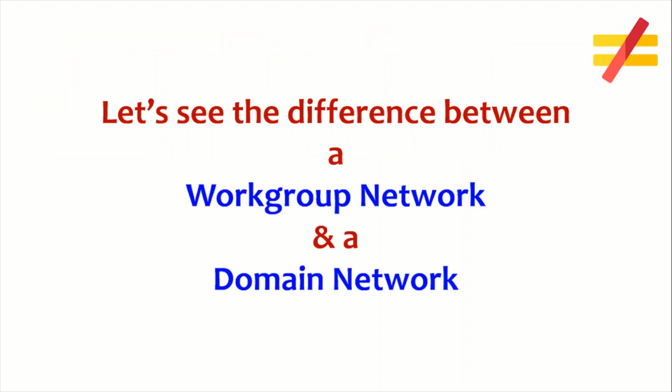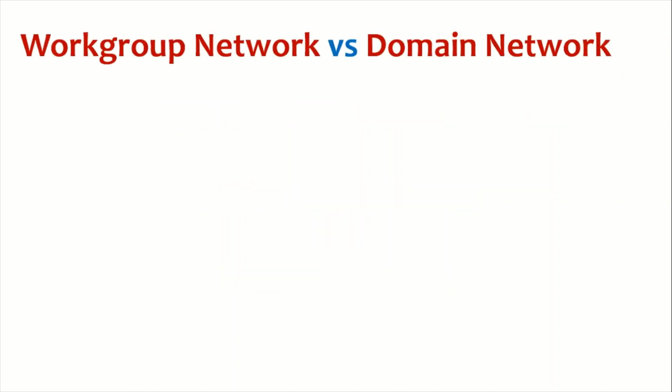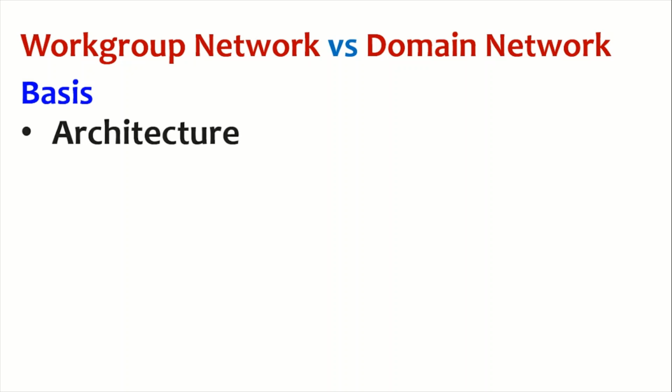So let's see the difference between a workgroup network and a domain network in the world of Microsoft Windows operating system. Let's understand the difference on the basis of architecture.